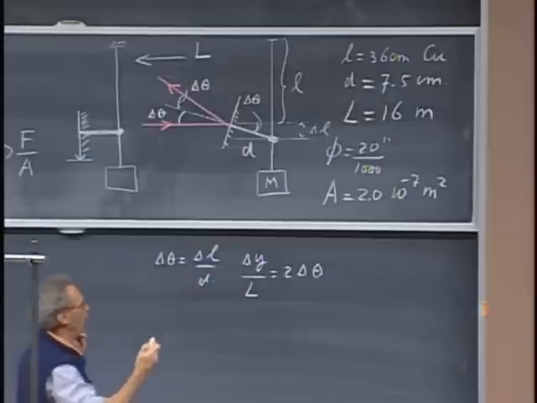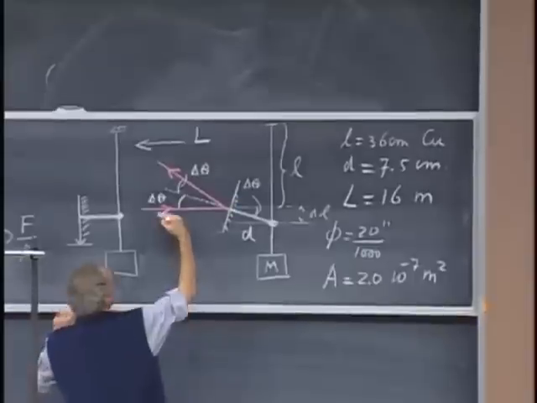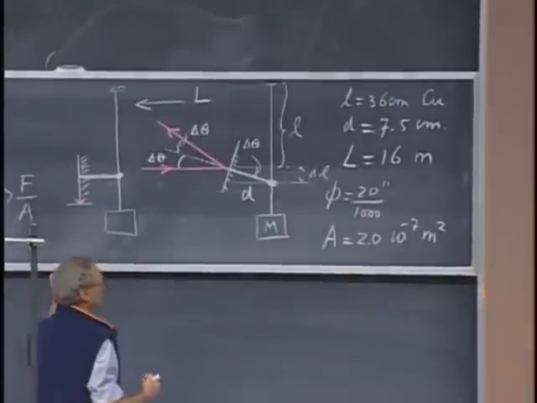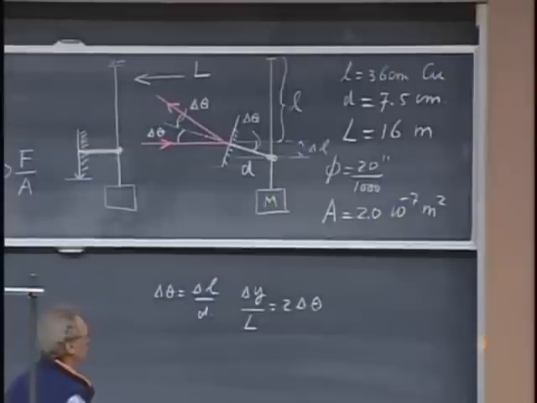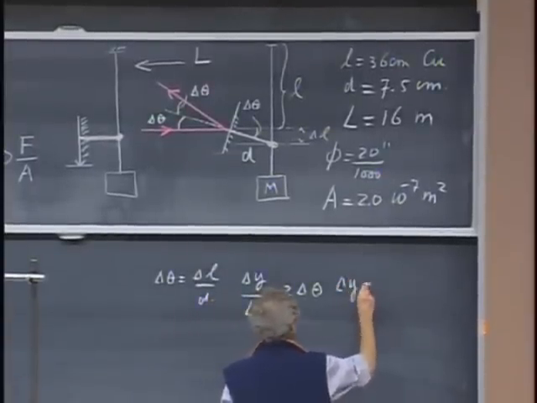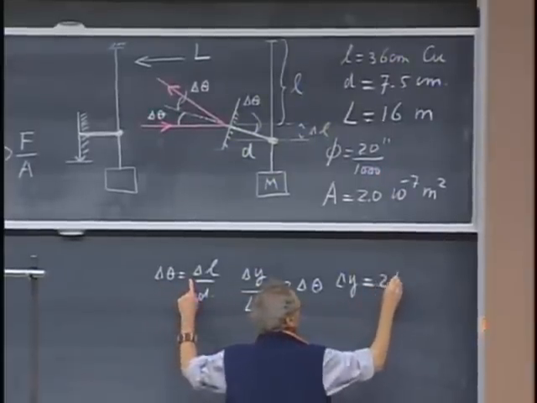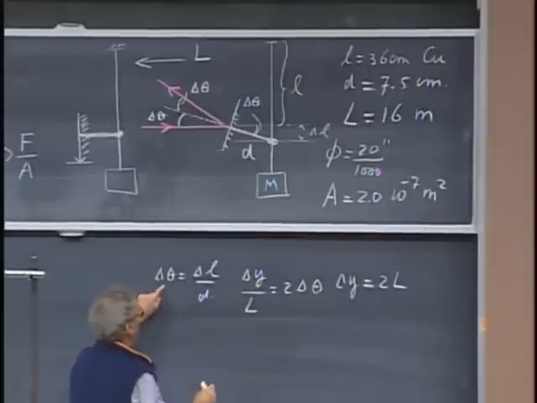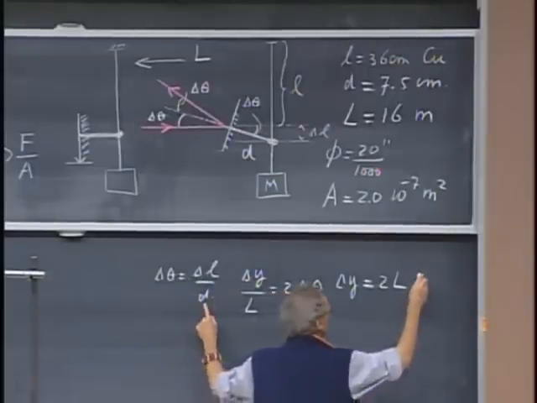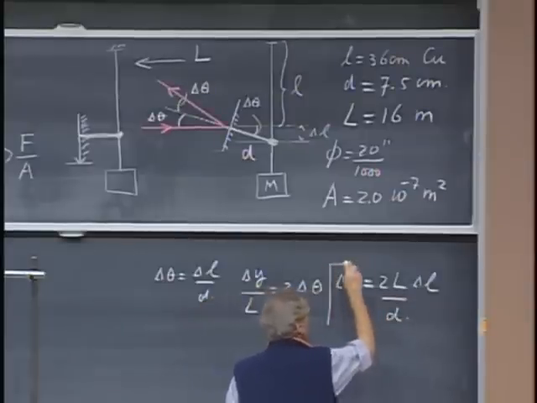This is a small angle approximation, but it's a very good approximation, and theta is in radians. It is 2 delta theta because you see here that the change is over an angle 2 delta theta. And so delta y equals 2L delta theta, which is 2L times delta L divided by D. And look what we have done now.